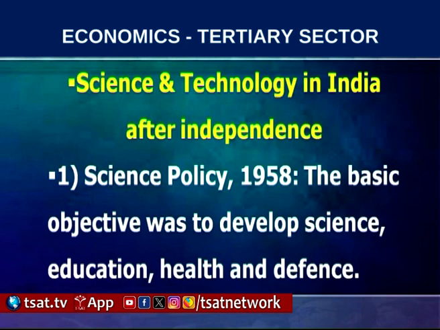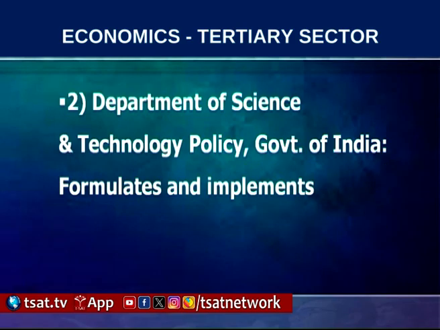During 1958, science policy was issued for the first time in India. The basic objective was to develop science, education, health and defense. Second, the Department of Science and Technology was also established, and the policy of the Government of India concentrates on improving the quality and quantity of science and technology.